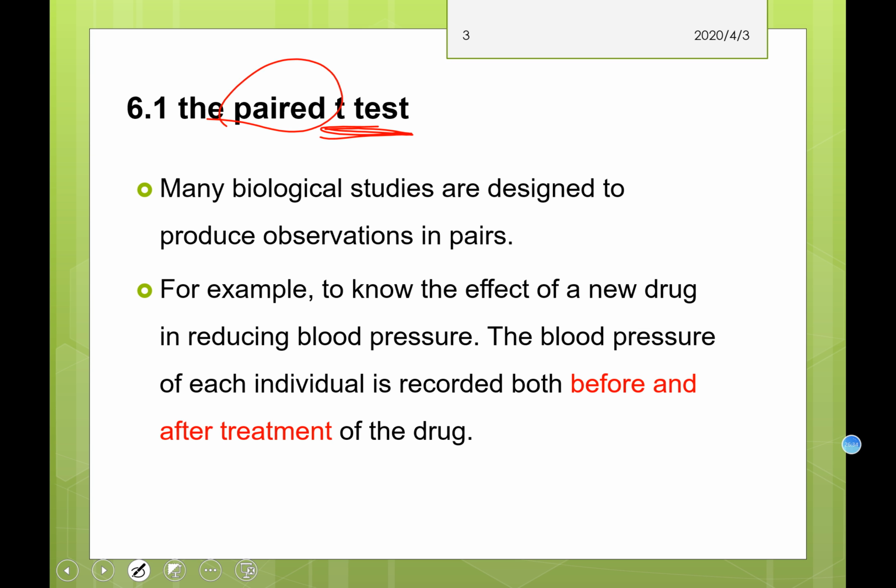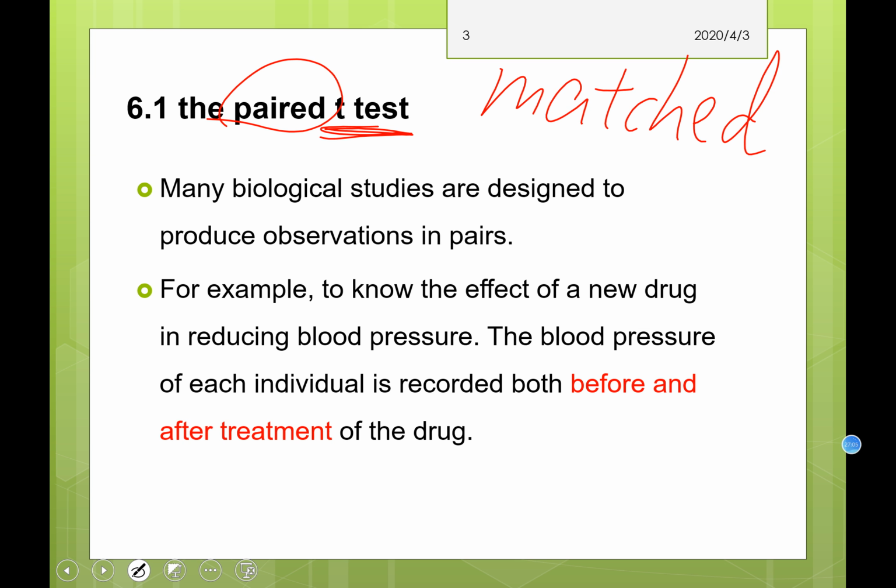So what's the meaning of paired? This word actually means matched. So what's the meaning of matched? Many biological studies are designed to produce observations in pairs.